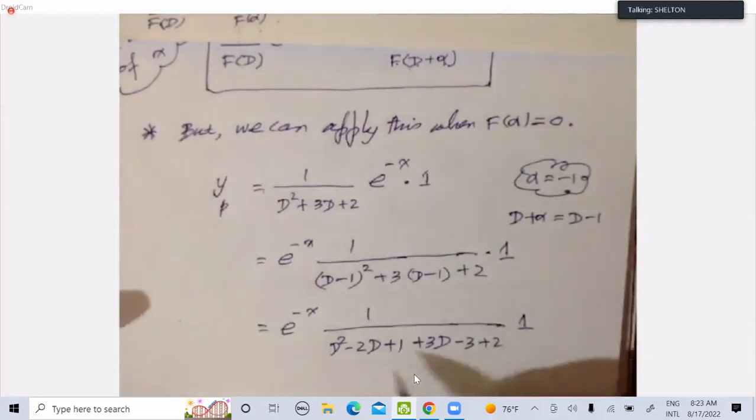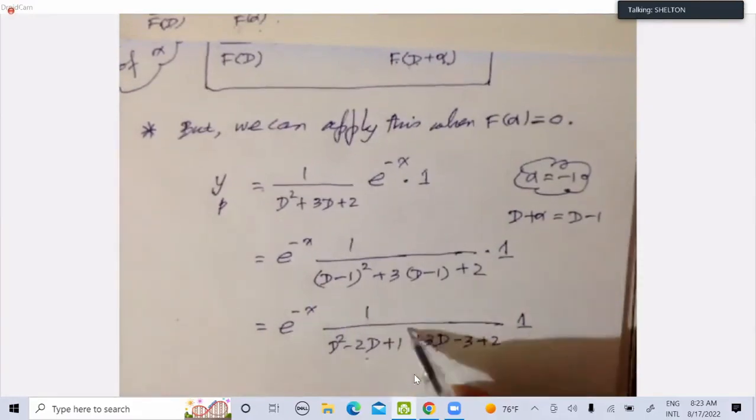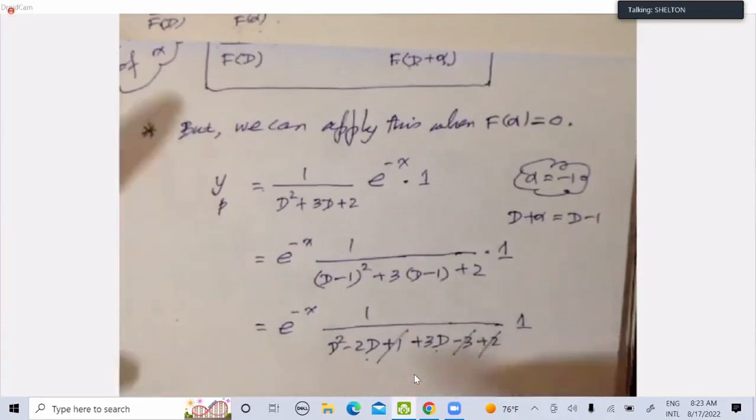Now minus 2D plus 3D. Be careful. Plus 1 plus 2 minus 3: those 3 terms cancel.